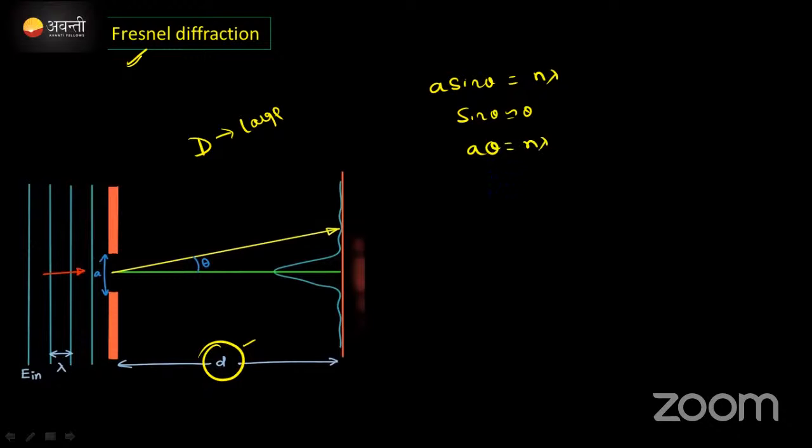Theta value will become n lambda by a. This is Fresnel diffraction now. This is the path difference we took, and this is the theta angle it is making.